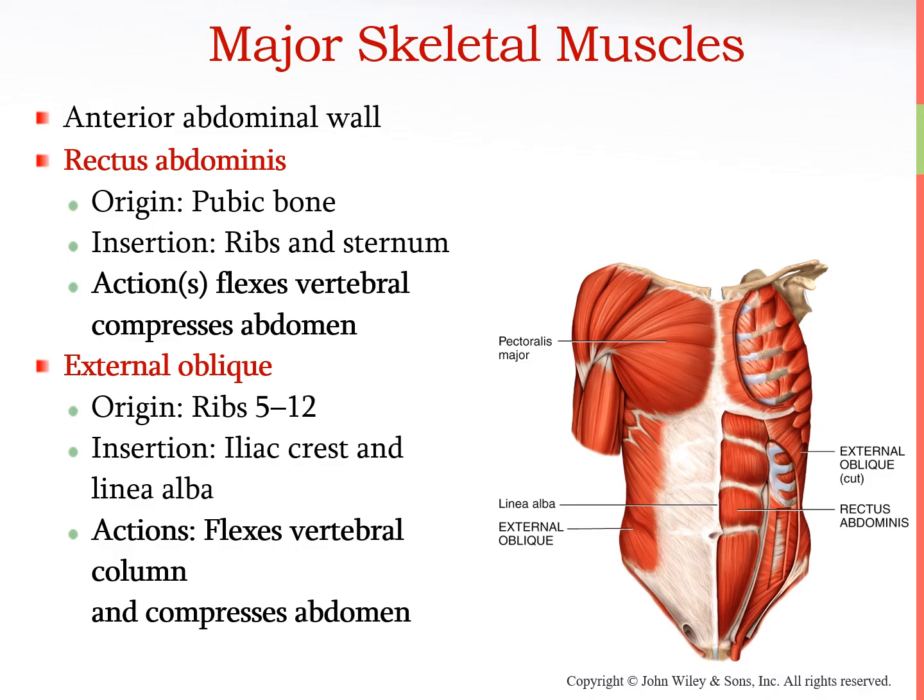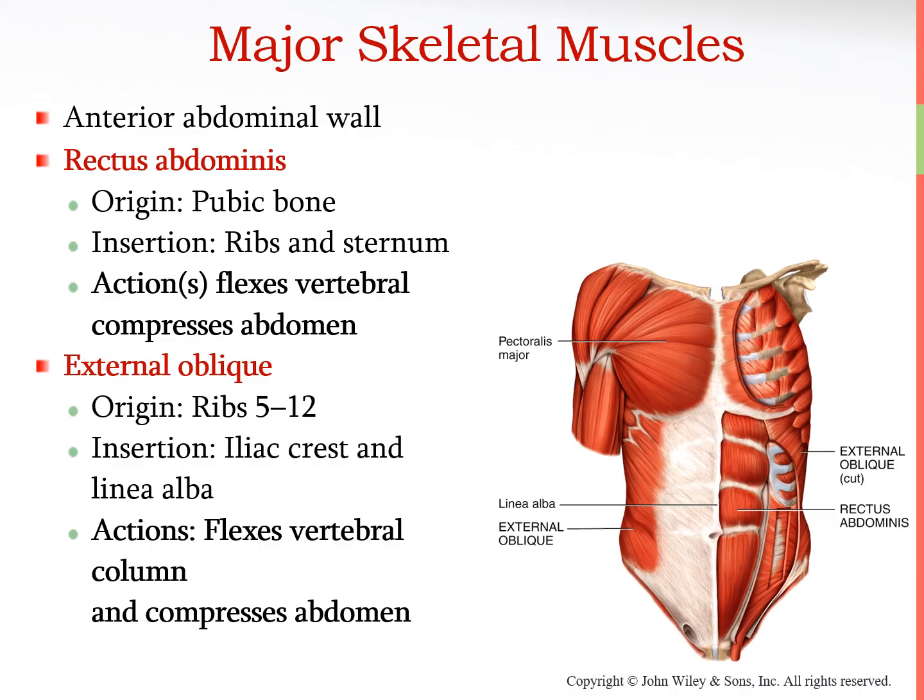And closing out the muscles that make up the abdominal pelvic region, we have the rectus abdominis muscle. You can see that it has a large fascia and tendon sheath there. Its origins are in the pubic bone, and its insertions are in the ribs and sternum. So this is interesting.